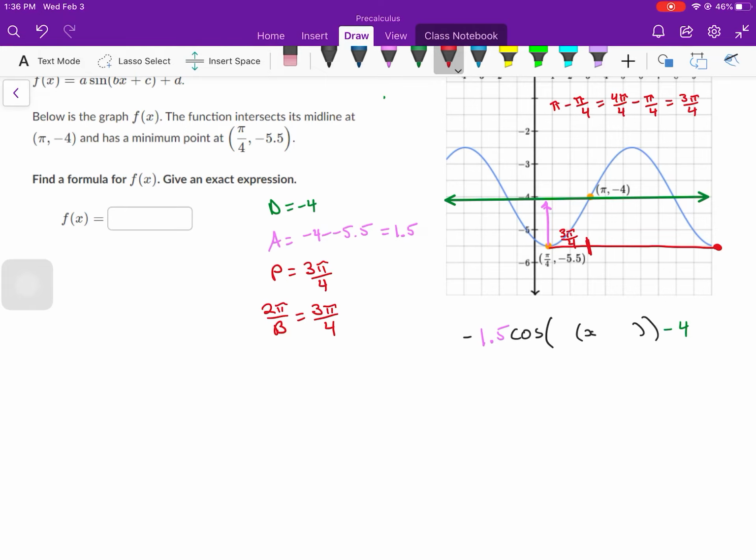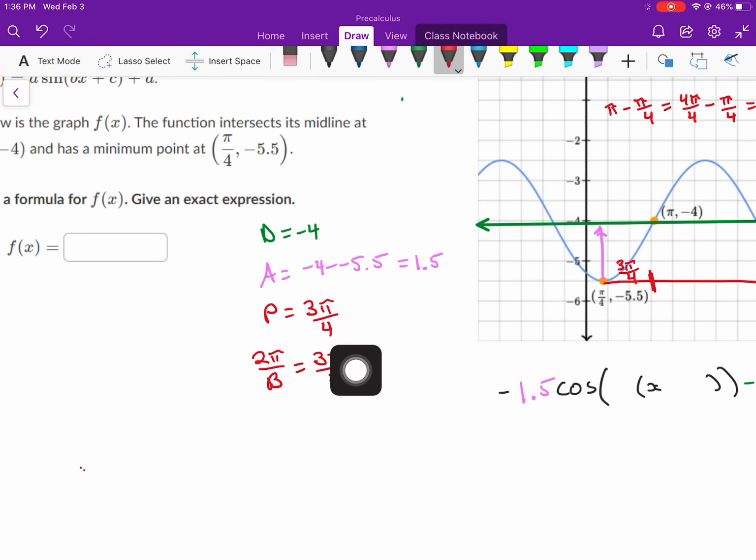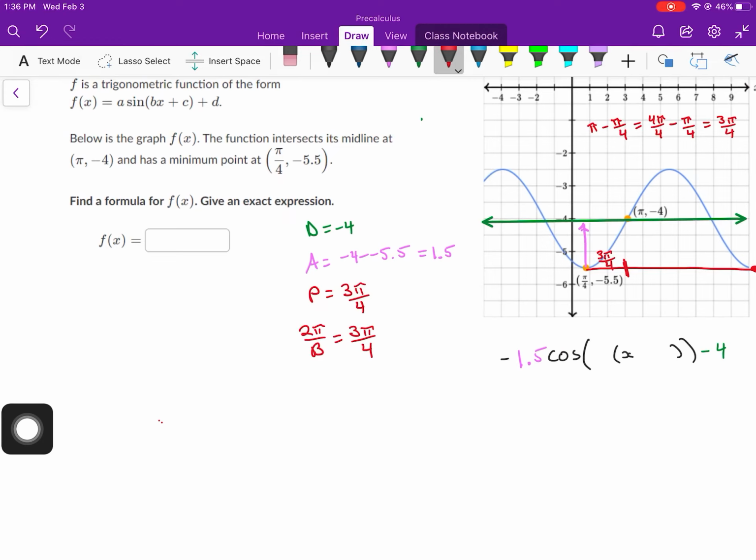So I'm going to go ahead and cross multiply that. And that's just like what I did up here. I just said p equals that, and then I substitute 6 in for p. I'm doing it a little bit different this time, saying p equals 3 pi over 4, and I'm substituting in the 2 pi over p.